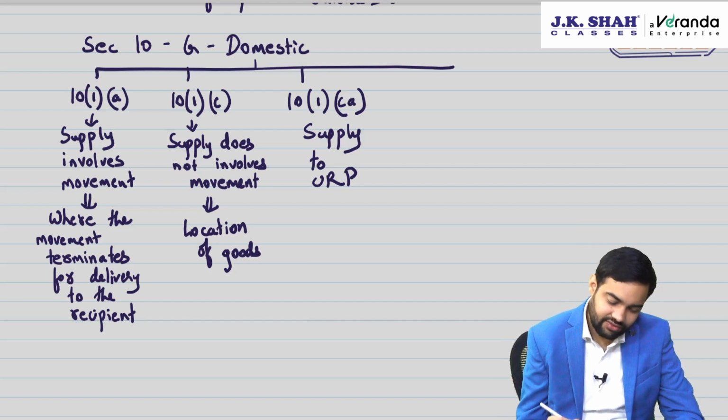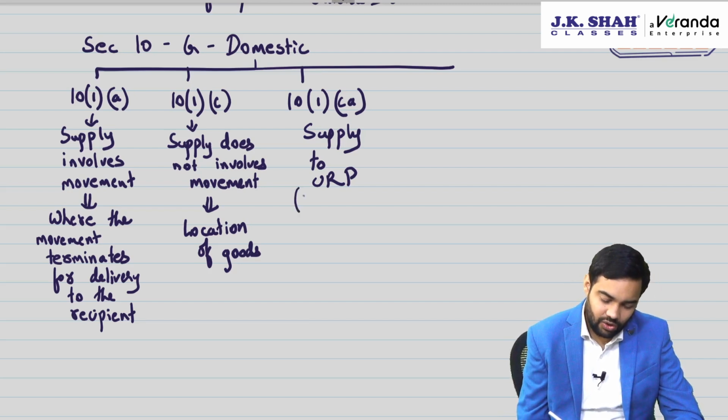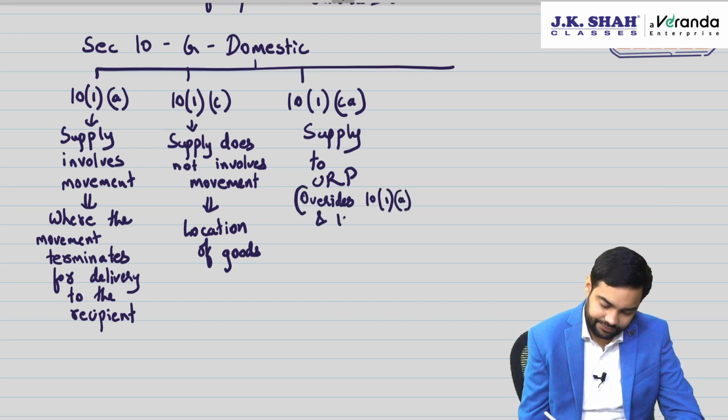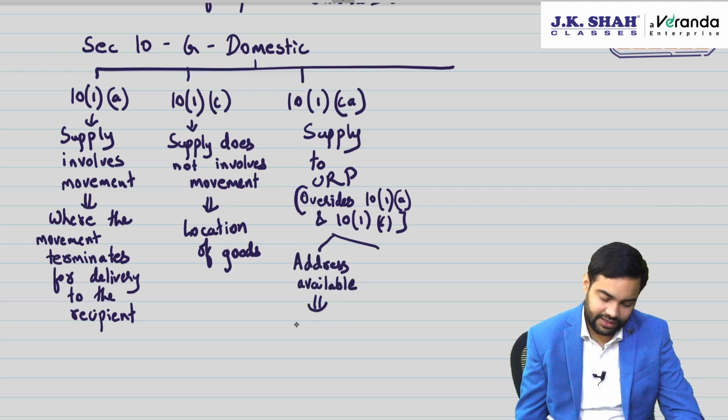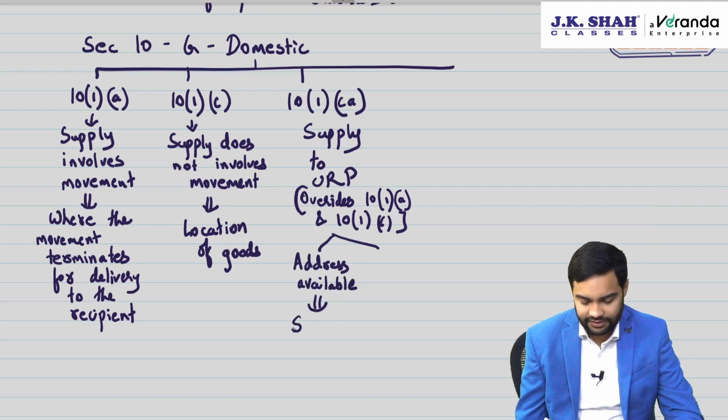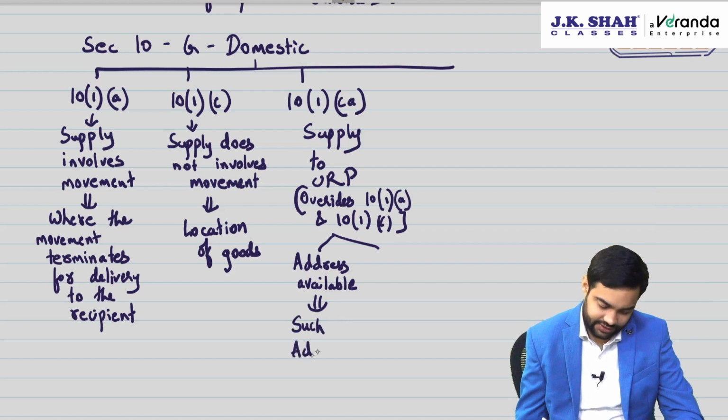So 10(1)(ca), first of all, overrides 10(1)(a) and 10(1)(c). And here the law says if the recipient gives his address available on the records of the supplier, then such address of recipient.